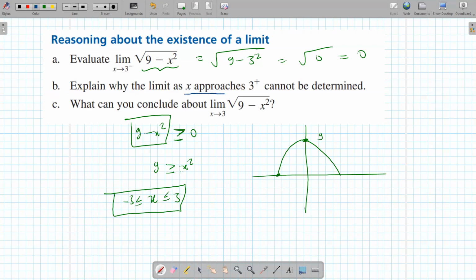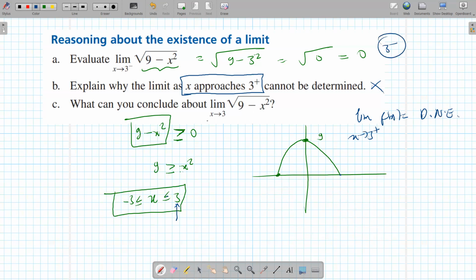Why does the limit not exist when x approaches 3 plus? What's the upper limit of x? 3, right? At 3 plus, there's nothing. This function doesn't exist at 3 plus. That's why this cannot be determined. So the limit as x approaches 3 plus of f of x does not exist because the function does not exist there. At 3 minus, we know the limit was 0, right?